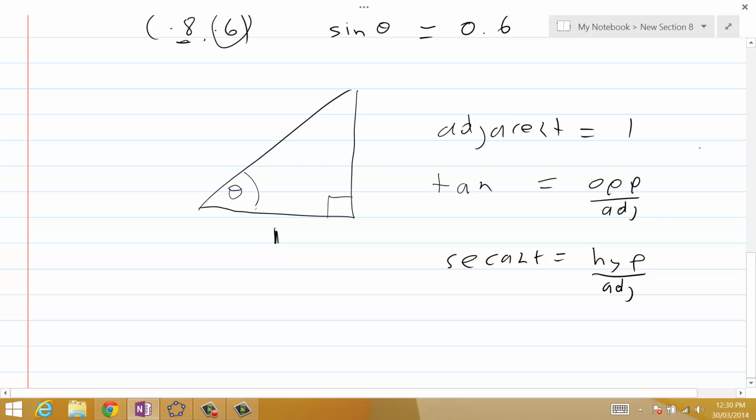So we can see that with the adjacent side equal to 1, our tangent will equal the opposite for this particular triangle, and our secant will equal the hypotenuse for this particular triangle.